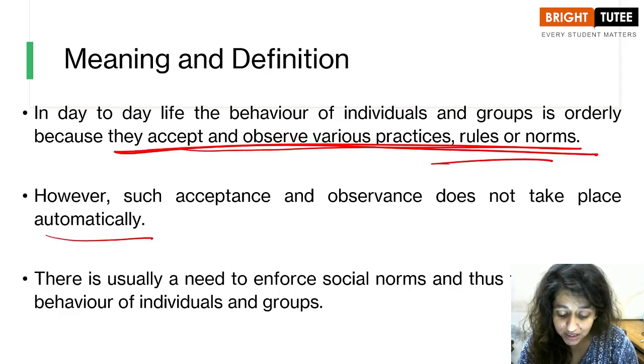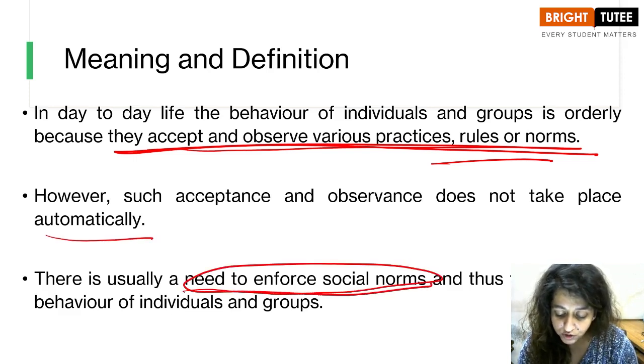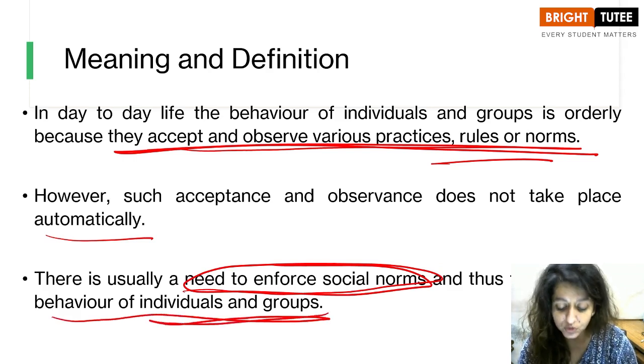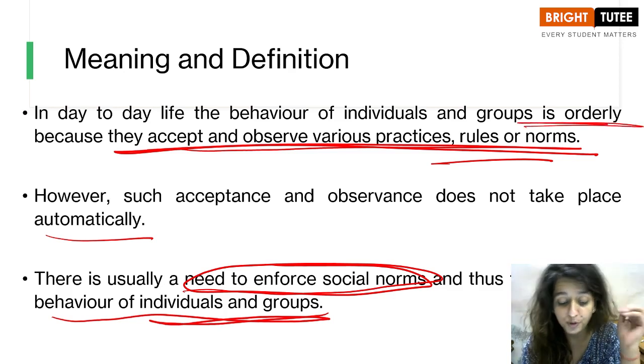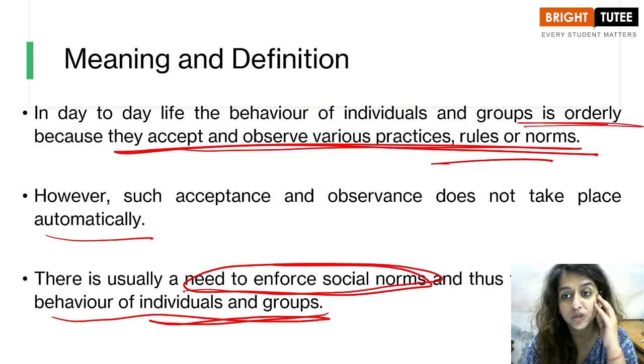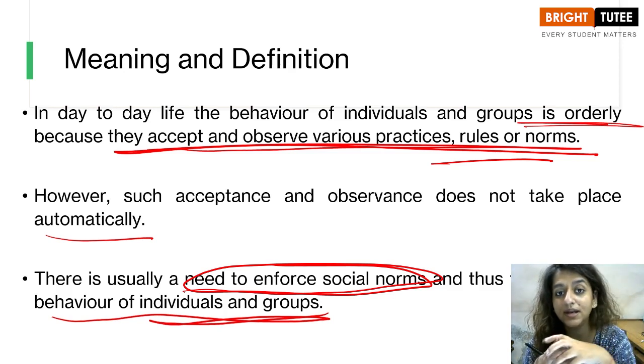There is usually a need to enforce social norms and thus to control the behavior of individuals and groups. So basically, we have groups and individuals who are orderly, who accept certain things. We live our day-to-day life with a lot of practices, norms, regulations, and that is how we have been living our lives throughout.